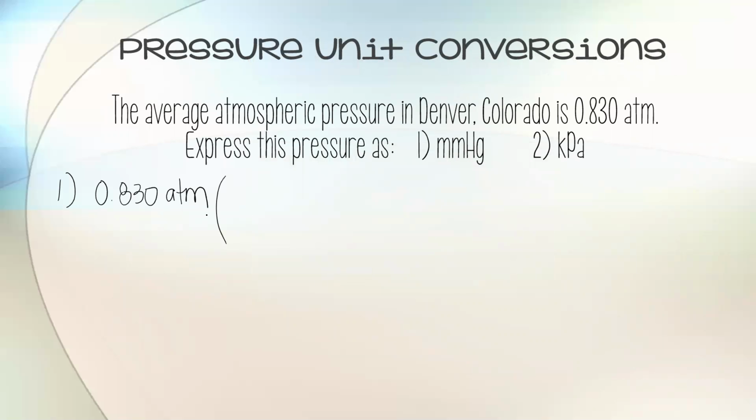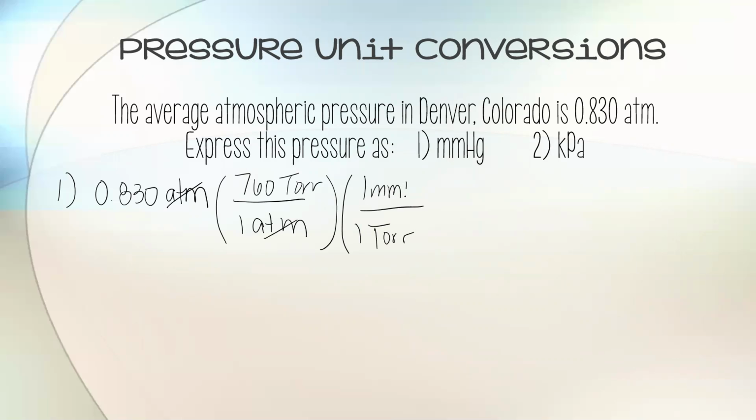So make sure units cancel out. 1 ATM is equal to 760 torr. So my ATMs cancel out. Now I'm in torr. Now I can go from torr to mercury. 1 torr is equal to 1 millimeter of mercury. And once again, those cancel out.